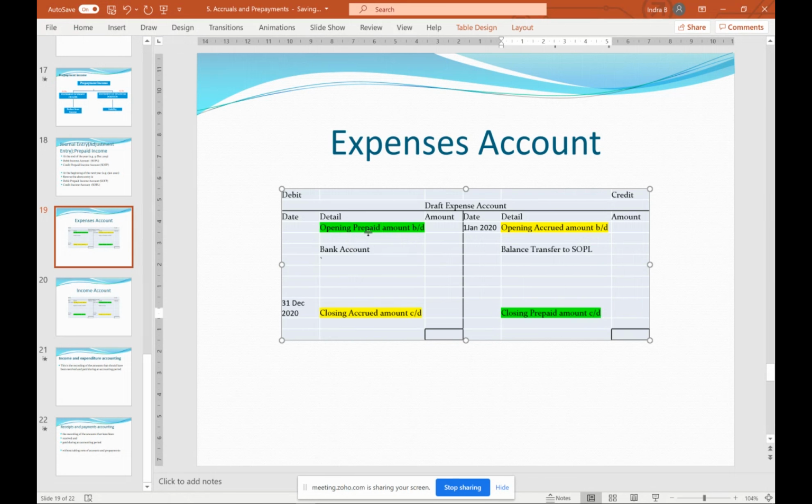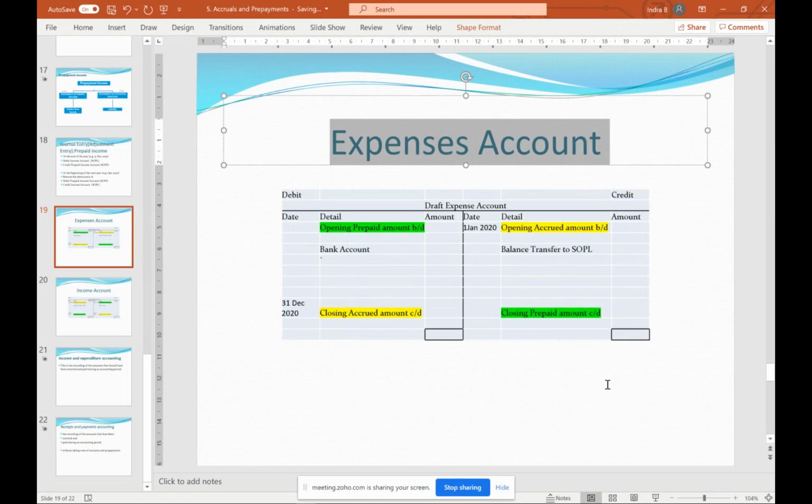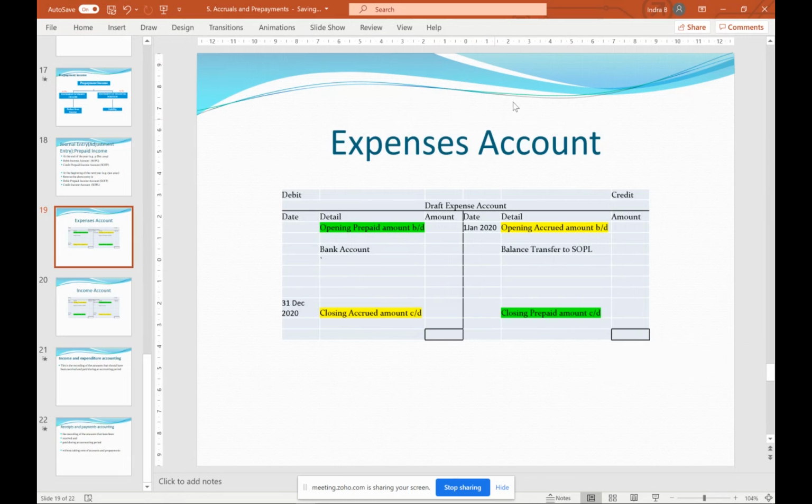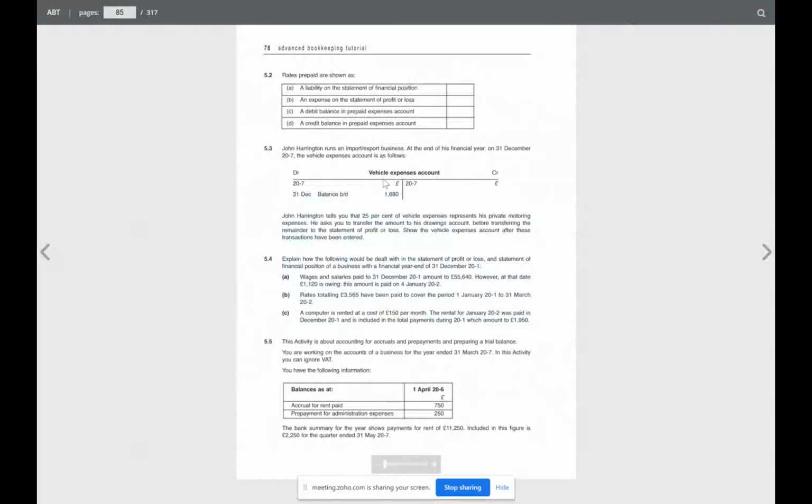So this table we have to consider. Okay, so let me go to the book. Balance brought down is on the debit side. It looks like prepaid expense.